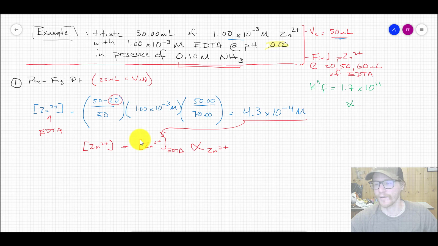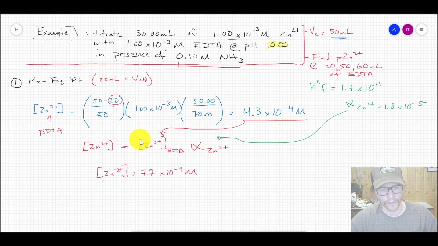So I'll rewrite that: the fraction of zinc is 1.8 times 10 to the minus 5. That value gets inserted here, and that allows us to compute the new free zinc. Remember, what we're computing here is the zinc concentration unbound to EDTA or ammonia. That gives me a value of 7.7 times 10 to the minus 9 molar, and if you take the negative log of that, the pZn here is 8.11.